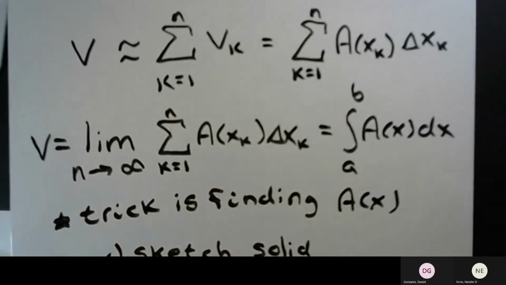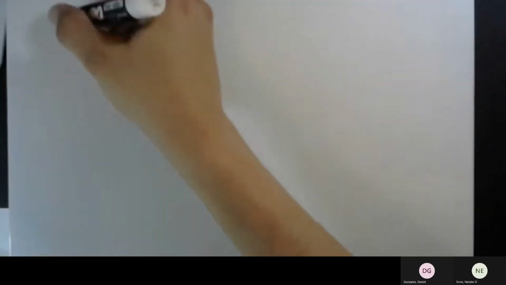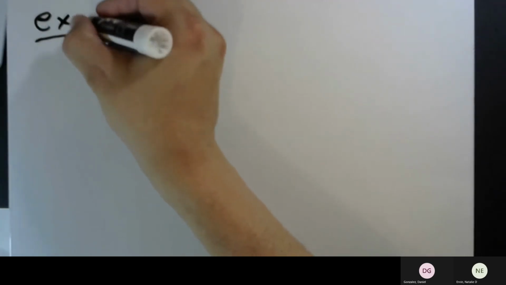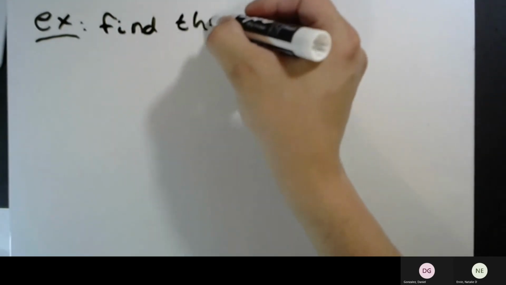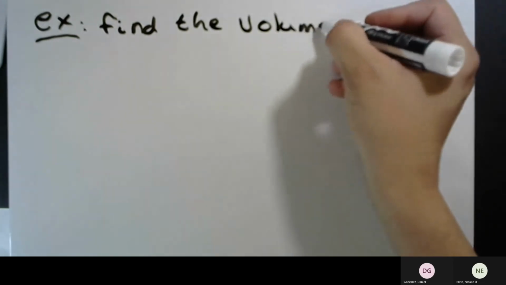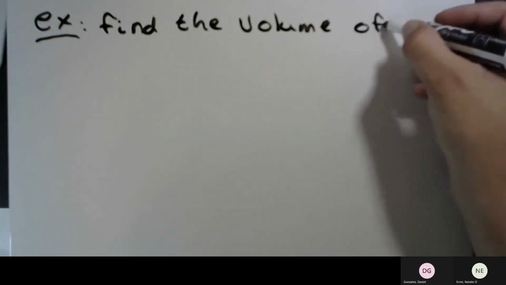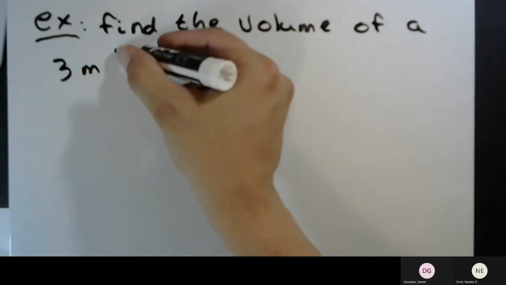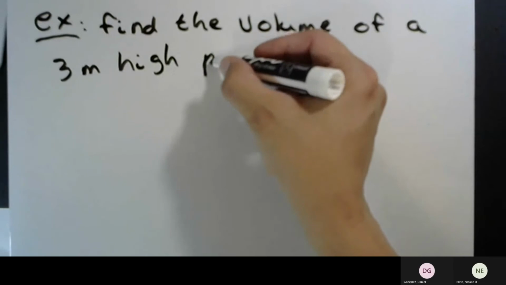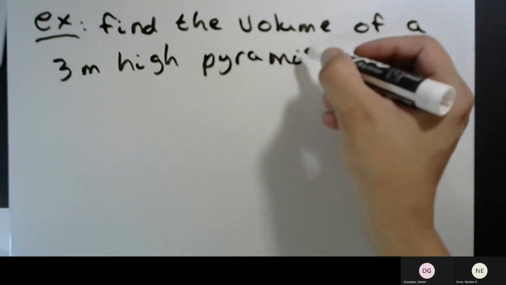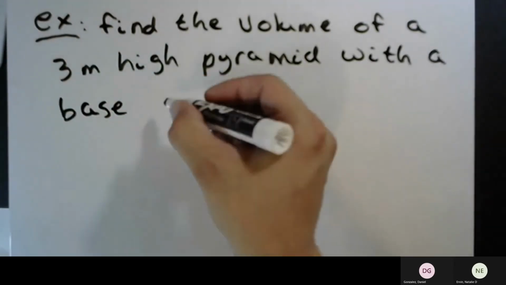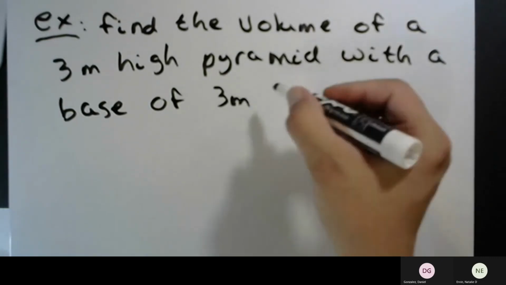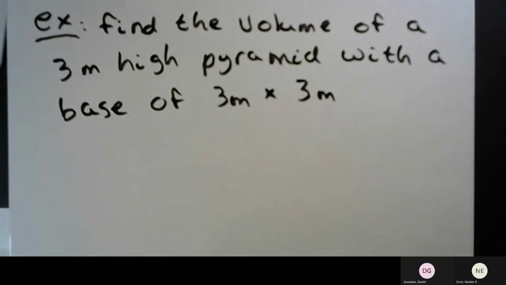All right, so let's take a look at an example. Let's find the volume of a 3-meter high pyramid with a base of 3 meters by 3 meters.